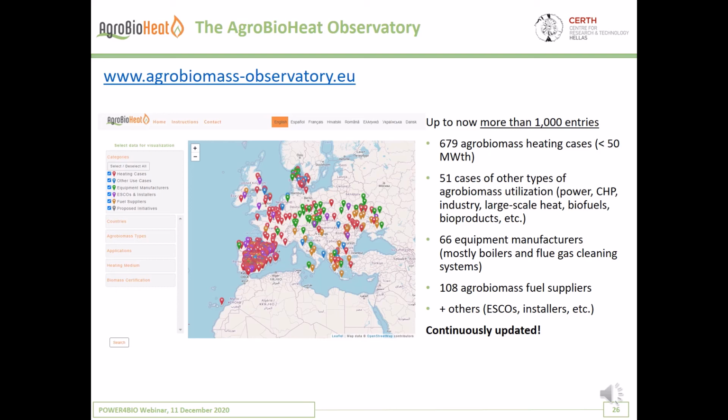You can find specific agrobiomass fuel suppliers, either producers directly or traders, as well as many other interesting actors such as ESCOs, installers, and so on. The website is continuously updated, and a particular feature it has, which is easier to see if you visit it, is the interconnections between the different cases. So if you click on a specific equipment manufacturer, for example, you can find the specific references it has with agrobiomass heating, in particular, and existing installations in Europe.